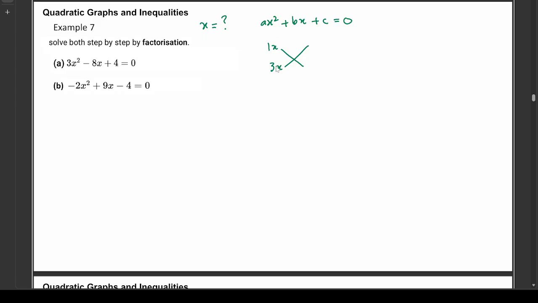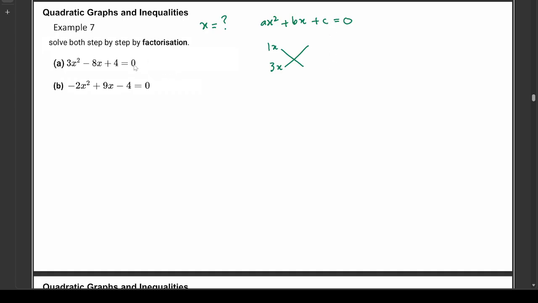Is there any other way to split it? Because you need to split it into integers, no decimal, no fraction, preferably integers, positive or negative. So we can only do 1 and 3, right? 1 and 3.